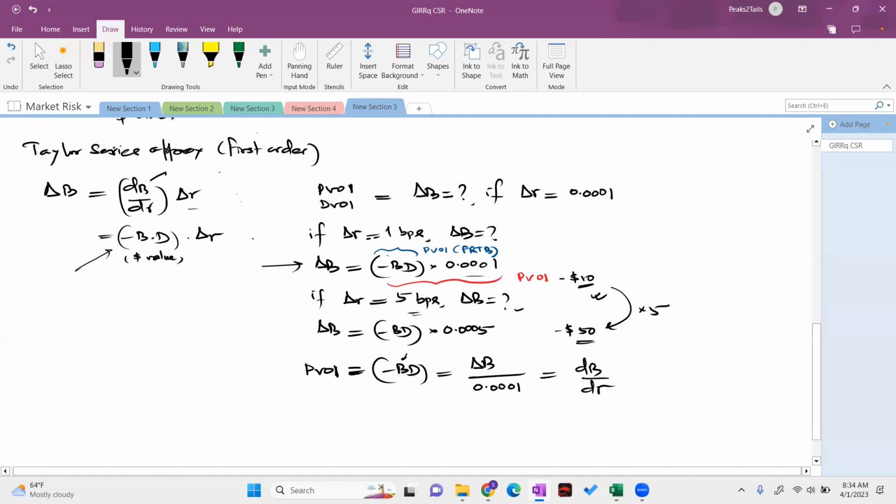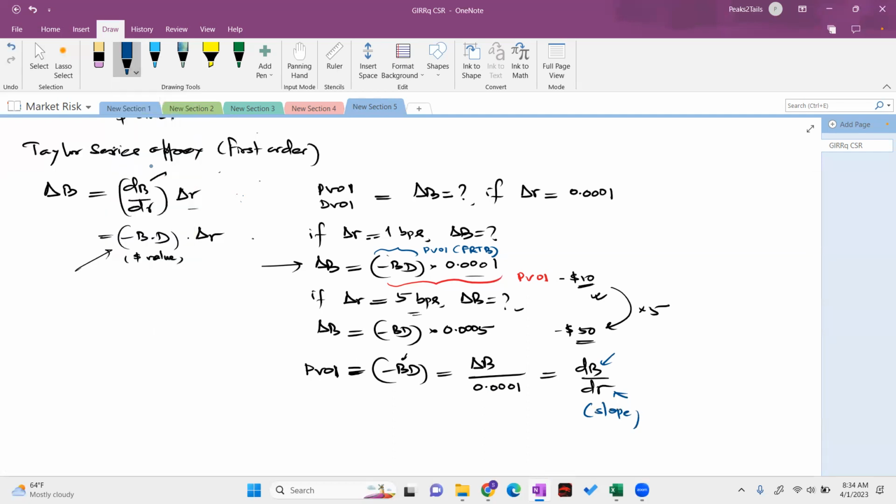Pure slope. As per FRTB, the definition of PV01 is just a sensitivity, exactly how you define sensitivity: change in value of the instrument by change in risk factor. That's it. This is a slope. So we will use this definition of PV01.